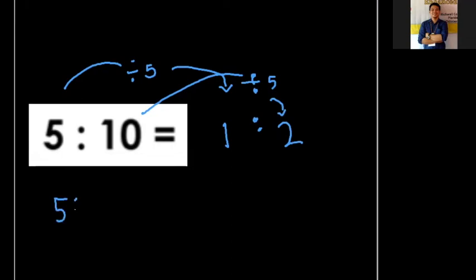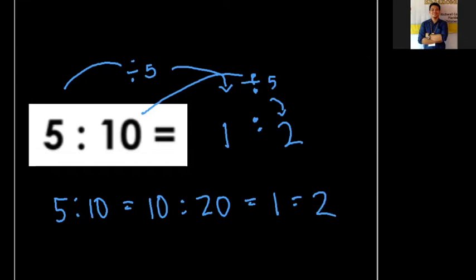So 5 over 10 can be written as 10 is to 20, or 1 is to 2. These are only some of the equivalent fractions or equivalent ratios for 5 is to 10.